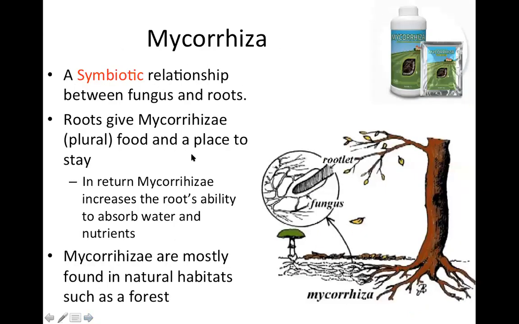Mycorrhizae is really amazing. It's a symbiotic fungus that attaches to different root systems, and they feed off what we call exudates. All plants suck in a lot of carbon from the air, and they use some of it to grow, and then release the rest as sugars into the soil, and that feeds the biology in your soil, including your mycorrhizae.